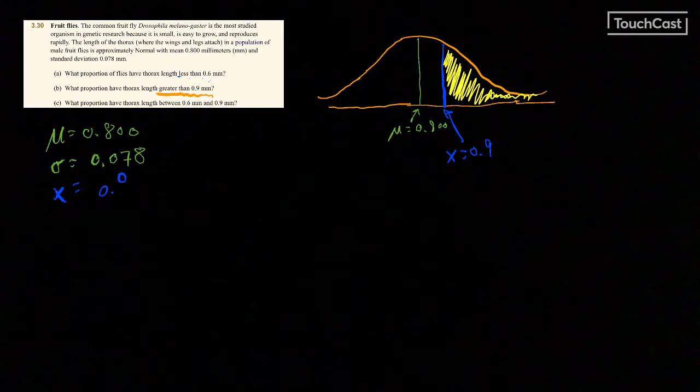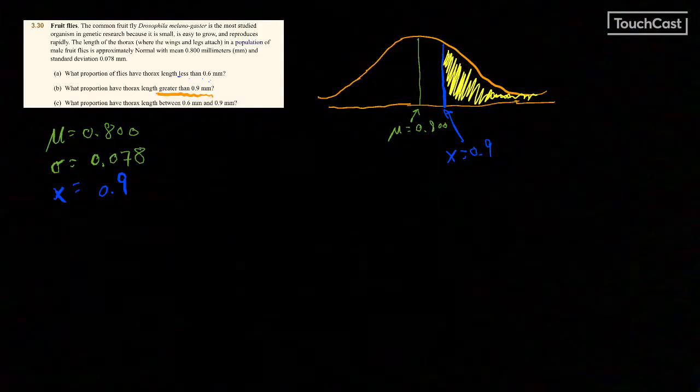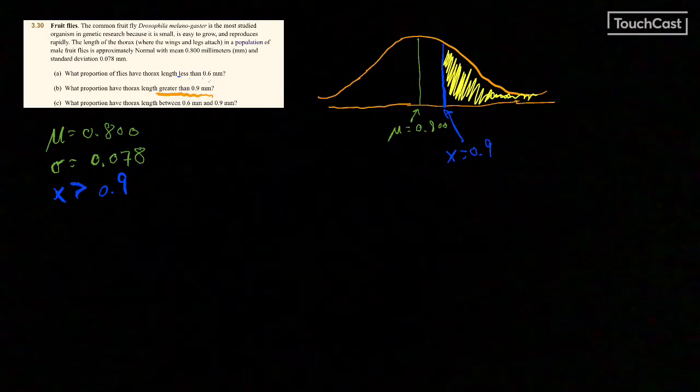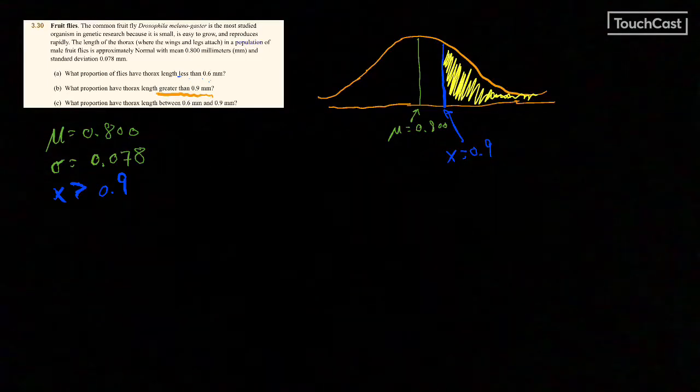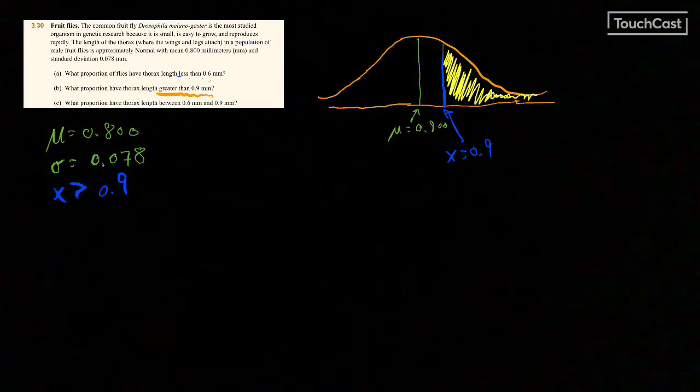So x is 0.9, that's our target, and we're actually looking for x to be greater than 0.9, so all of those cases, the proportion. So again, we're going to be doing the same thing as before, except I'll show you where things go a little bit differently. So let's start working the problem.